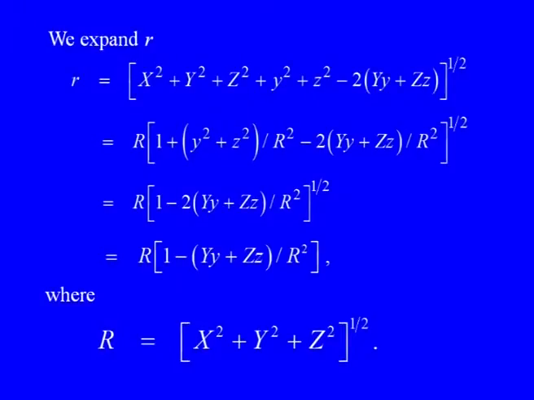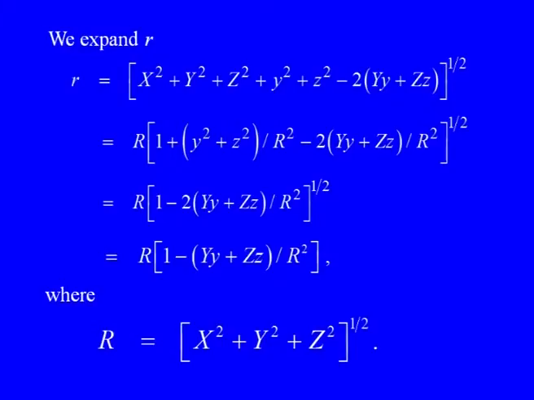We drop the second term which is y square plus z square. These are very small numbers. They are controlled by the size of the aperture, and we know the size of the aperture is very small compared to capital R. So, we drop this term.